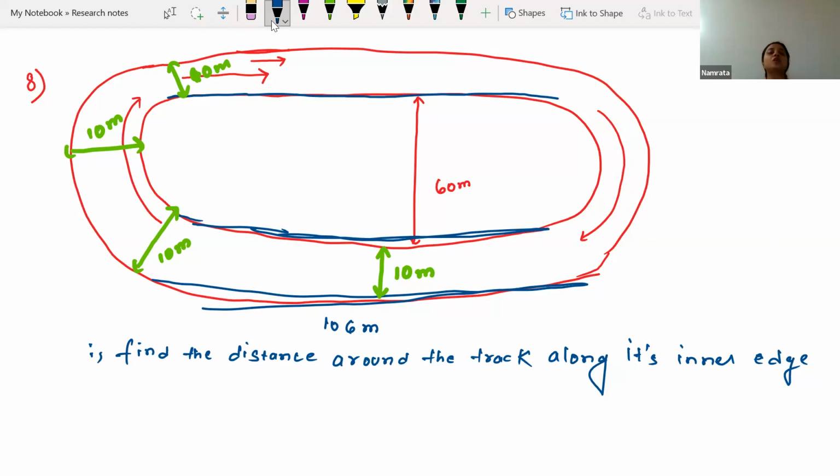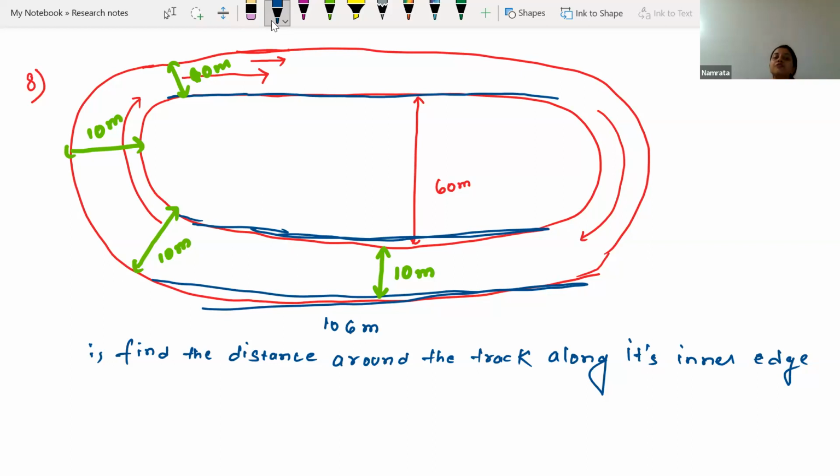Similarly, if you walk along the boundary of a rectangular path, you are covering the perimeter of the rectangle. If you cover one complete revolution, that is the total perimeter you have covered. If you cover it 2 times, 3 times, then 3 into perimeter, right? Are you getting it? Yes, ma'am.